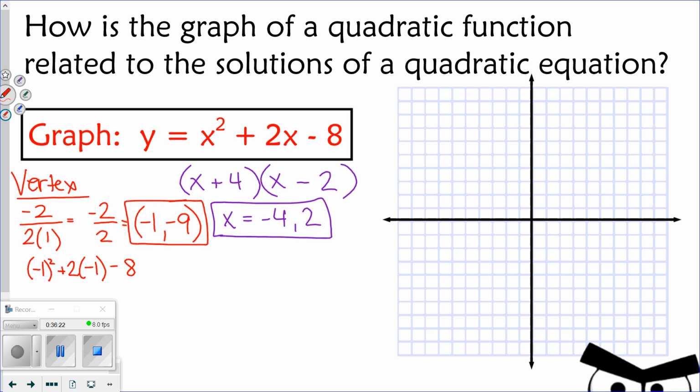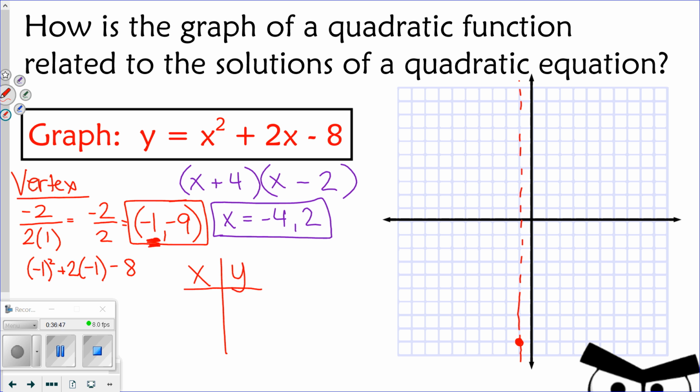Just by finding the vertex, is there any relationship between my vertex and my answer so far? No, there's no relationship there. Okay, so -1, -9. That's my vertex. Then we make our table. My x value was at -1.